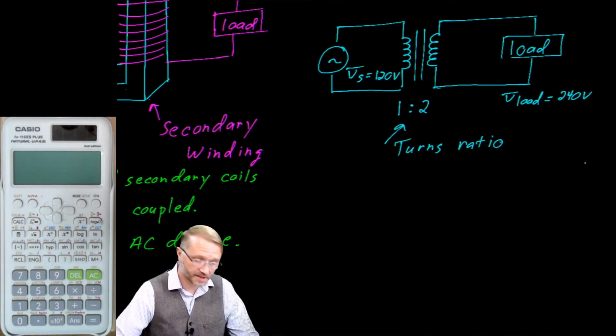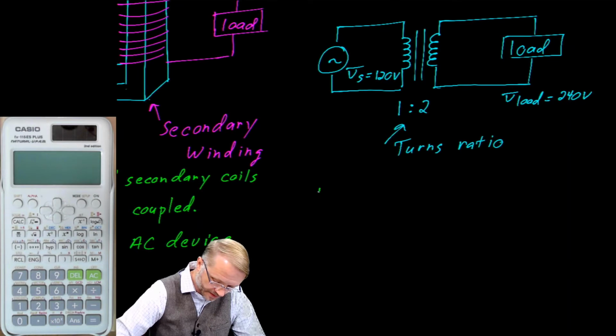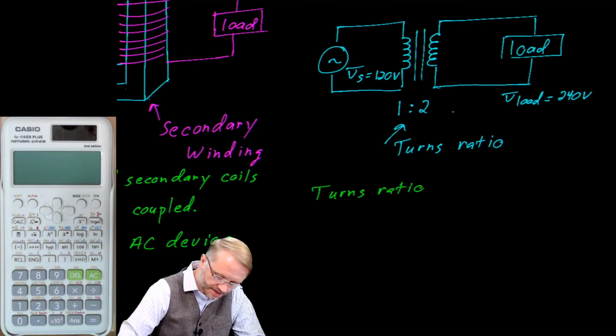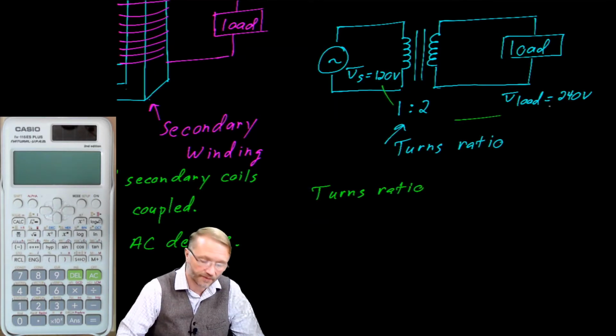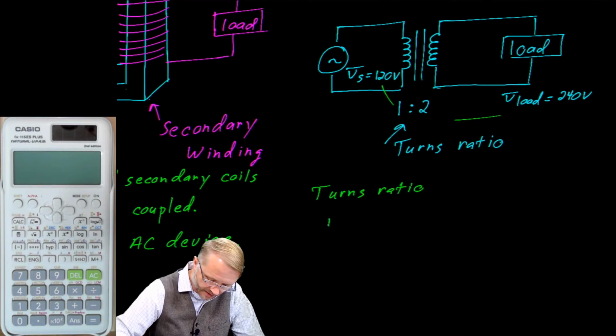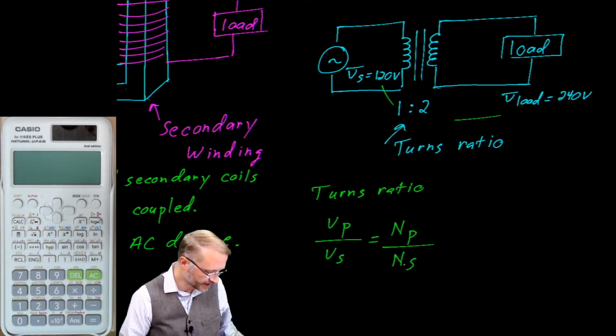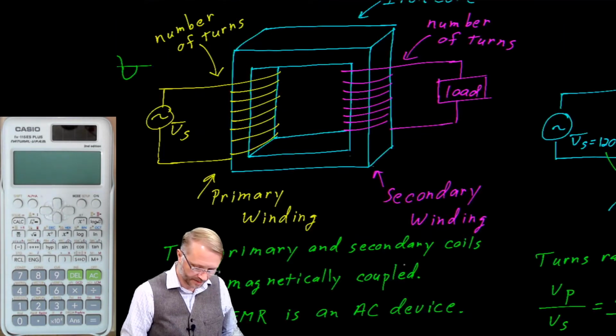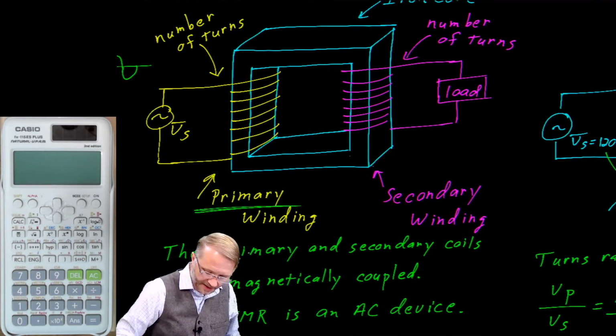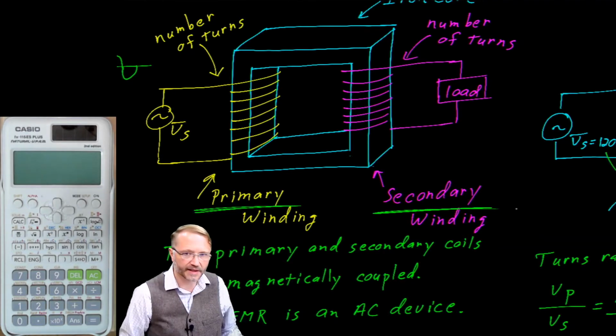Here's a few must-know equations for your note card. So we talked about the turns ratio. And as you saw or implied here, the turns ratio is definitely related to the voltage ratio. In fact, we would say the voltage on the primary divided by the voltage on the secondary is equal to the number of turns on the primary over the number of turns on the secondary. Keep in mind that this was the primary winding and this was the secondary winding.